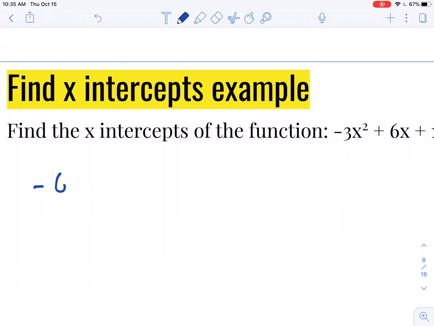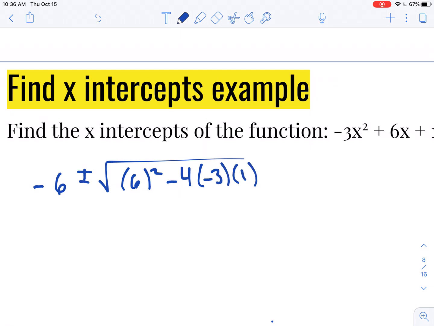So I've got negative 6 plus or minus the square root of 6 squared minus 4 times negative 3 times 1 all over 2 times negative 3.